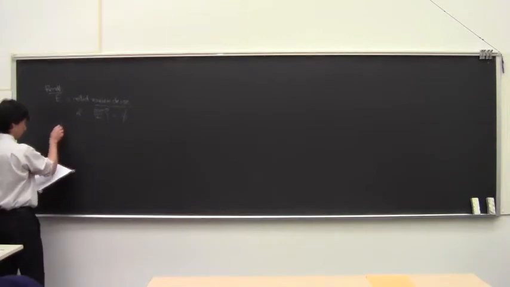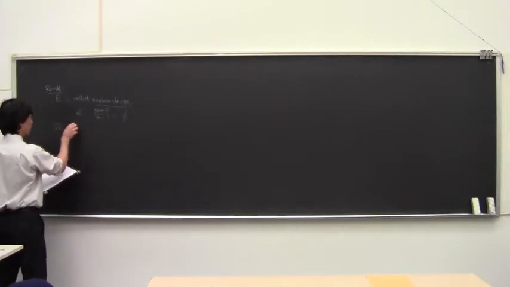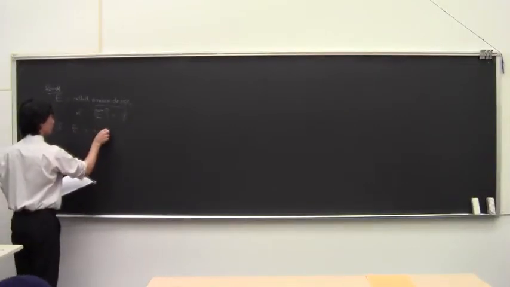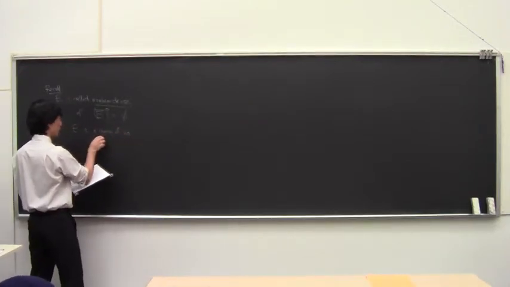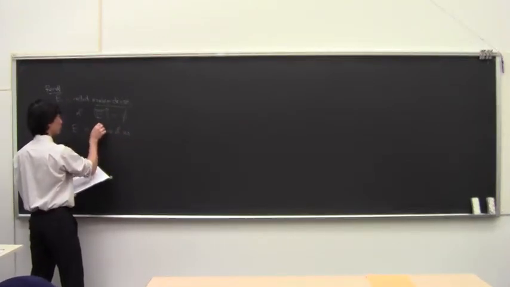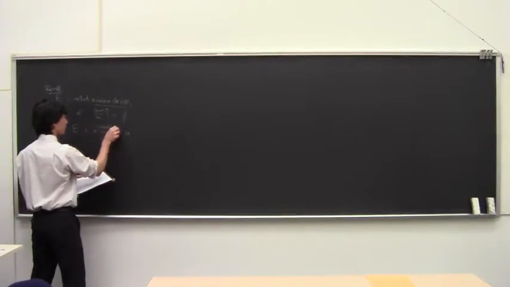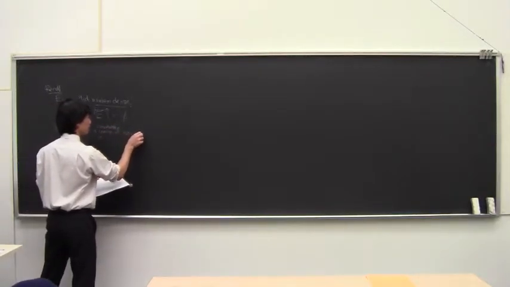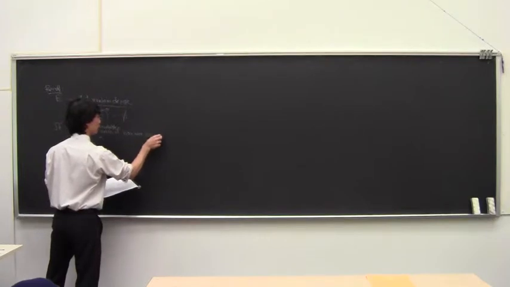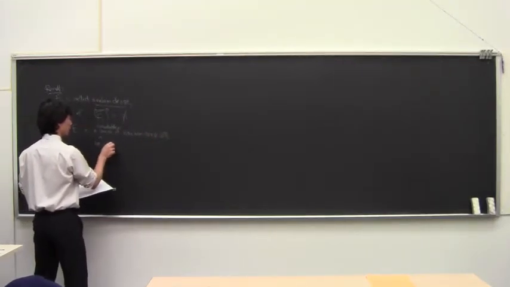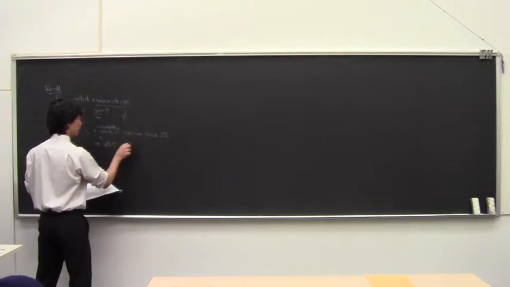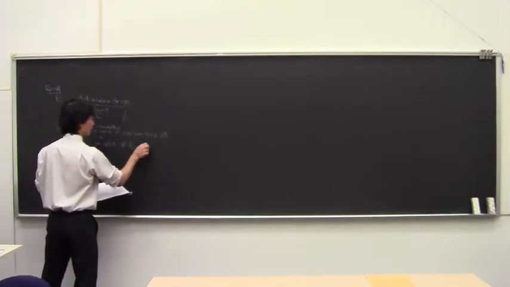If a set E is a countable union of nowhere dense sets, we call it first category, or meager.